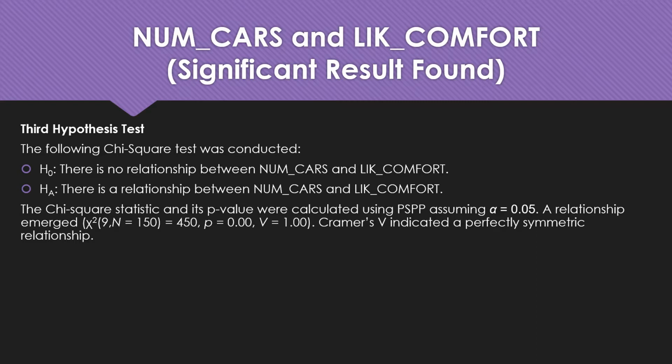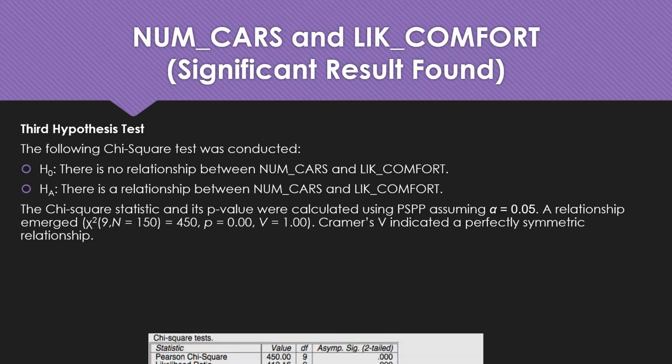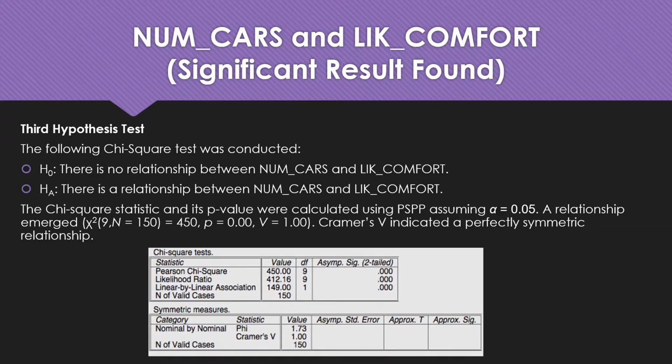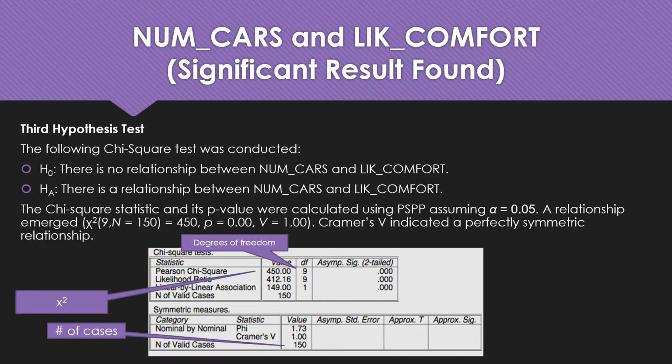The chi-square statistic and its p-value were computed using PSPP, assuming alpha equals 0.05. After performing the chi-square test, we know that the test had 9 degrees of freedom, contained 150 cases, and the chi-square statistic was 450. The p-value was equal to 0 and it had a Cramer's V of 1.0. Cramer's V indicated a perfectly symmetric relationship.